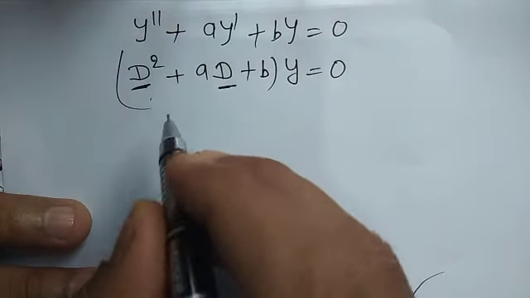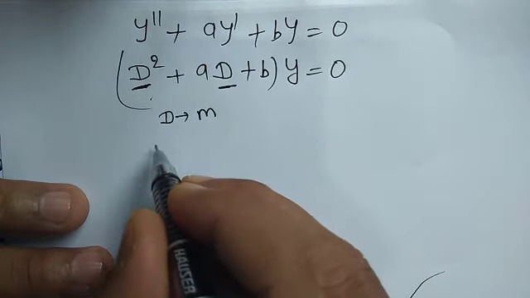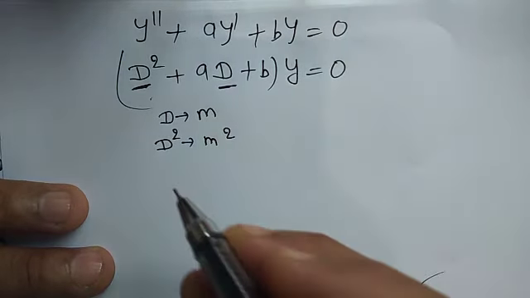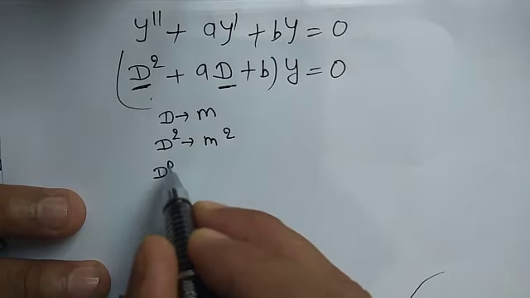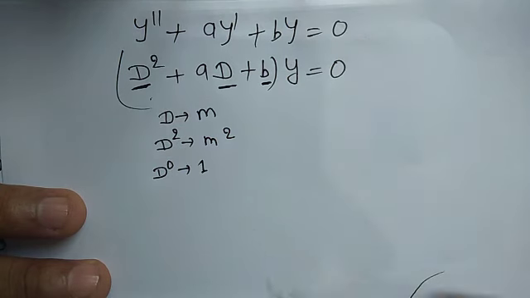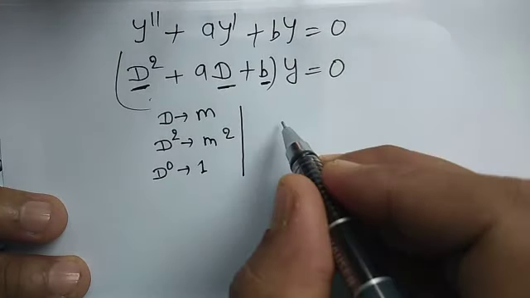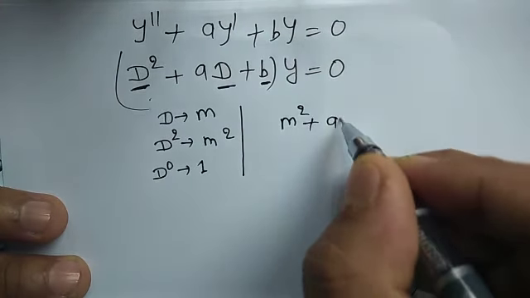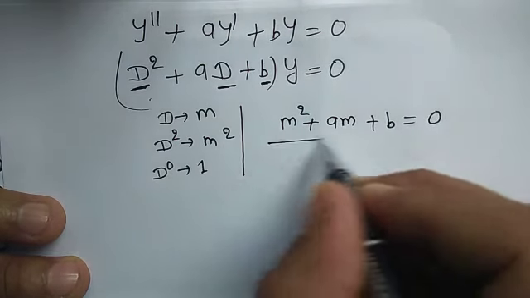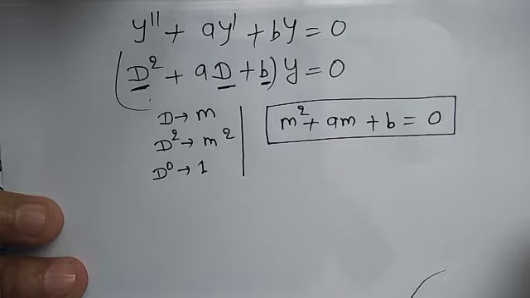Now D is replaced by m, D square replaced by m square, and D power 0 is replaced by 1. So we get m square plus am plus b equal to 0. This is the auxiliary equation of the given differential equation.